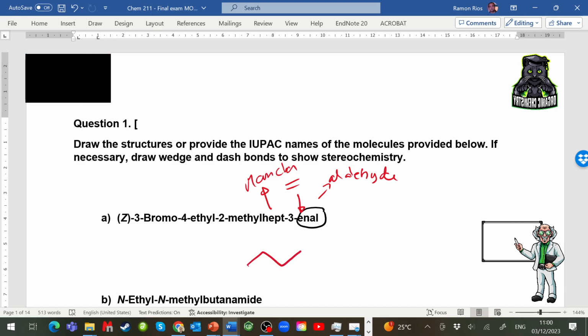1, 2, 3, 4, 5, 6, 7. And then I put the functional group, that is the aldehyde. In position 3, 1, 2, 3, I put the double bond.